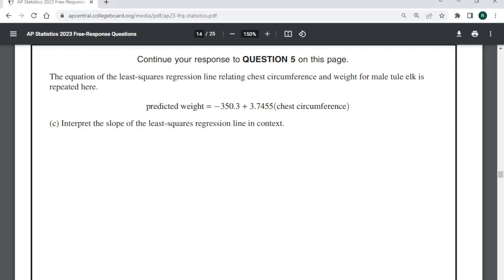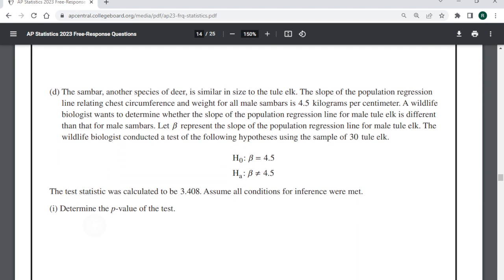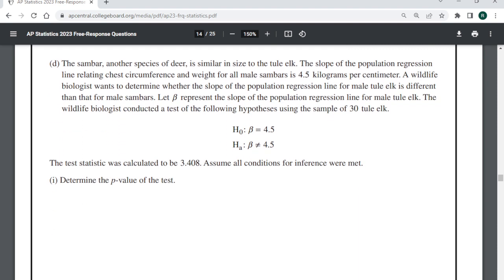Part D. We're doing a hypothesis test of whether the slope of this regression line is different from the slope of the sandbars. So that test statistic was calculated to be 3.408, and they wanted the p-value.